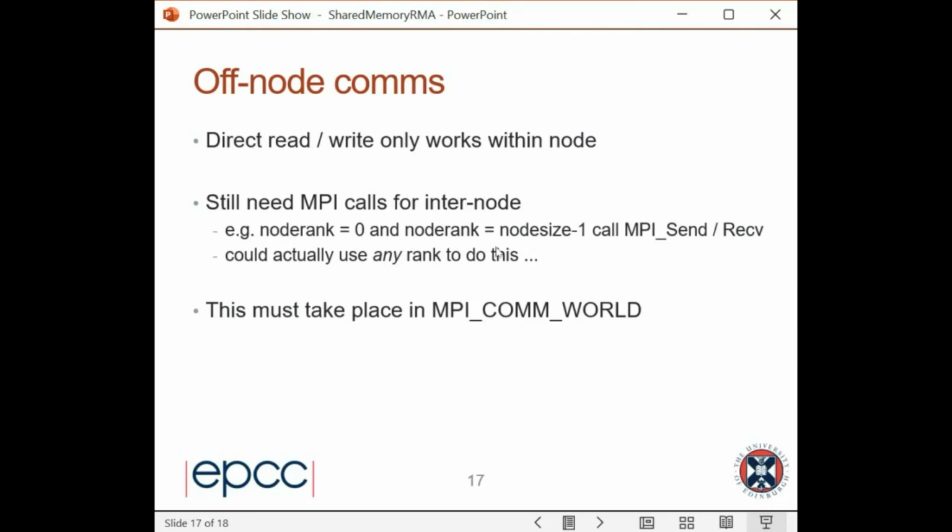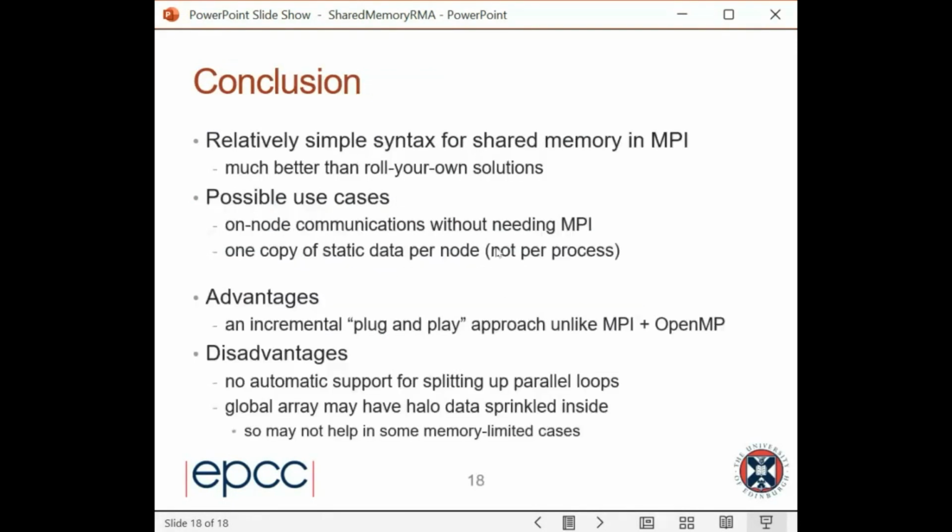And this send and receive has to take place in COMM world, because you're explicitly referencing processes which are not in node COMM. So you have local shared memory operations with fences on node COMM, but your original send and receives take place in COMM world. So it's a bit of a run through, but it's a relatively simple syntax for shared memory in MPI.